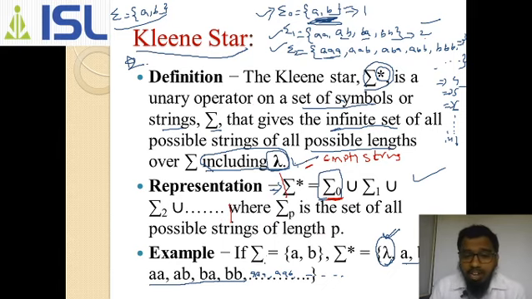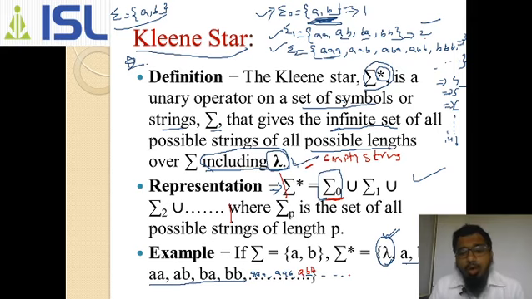Here is an example. Sigma is equal to a comma b, then sigma star is equal to lambda, a, b, aa, ab, ba, bb, aaa, aab, abb, and so on.